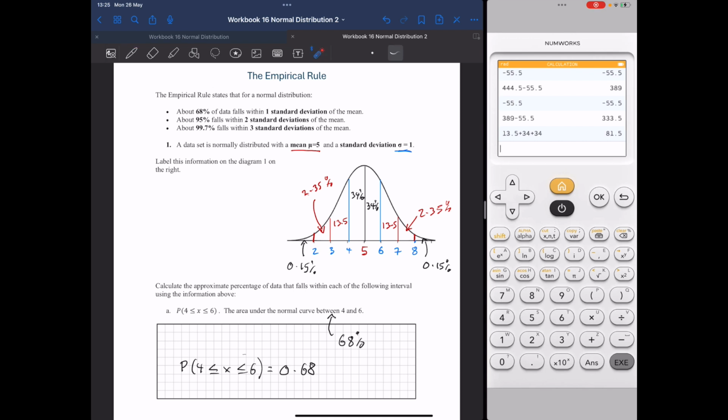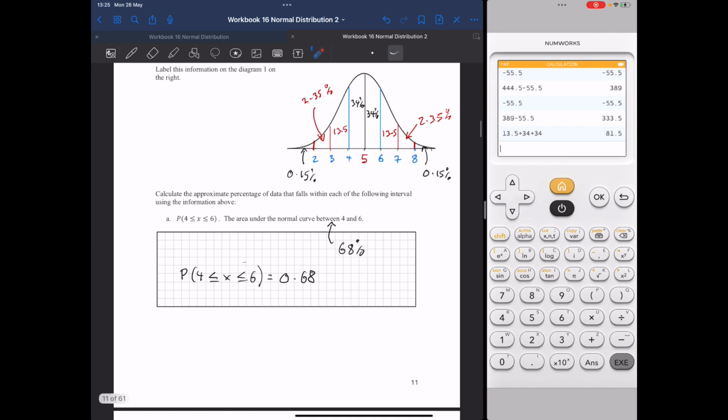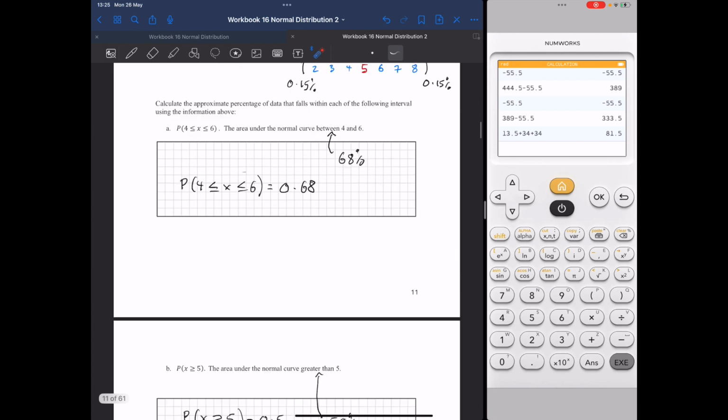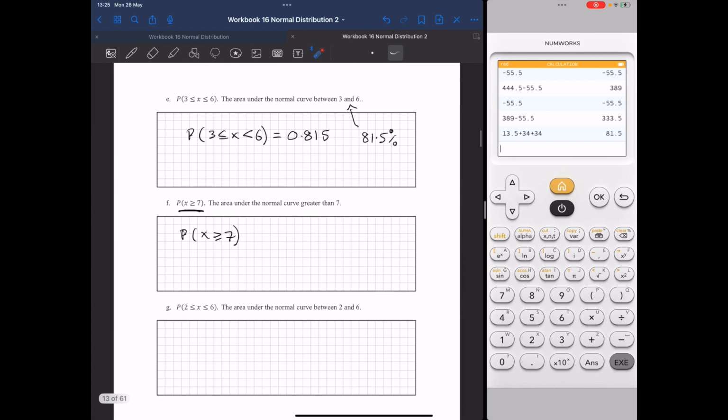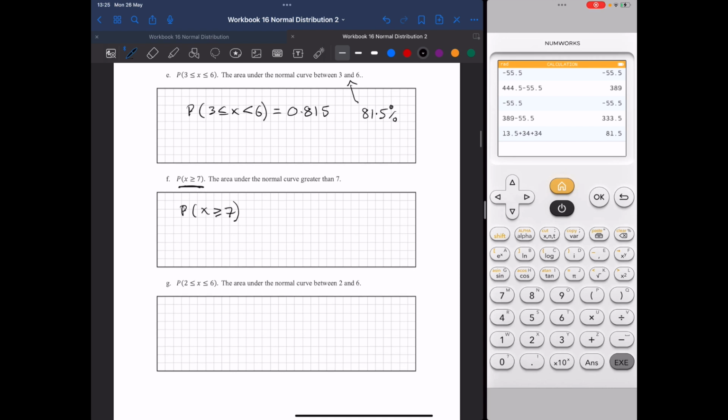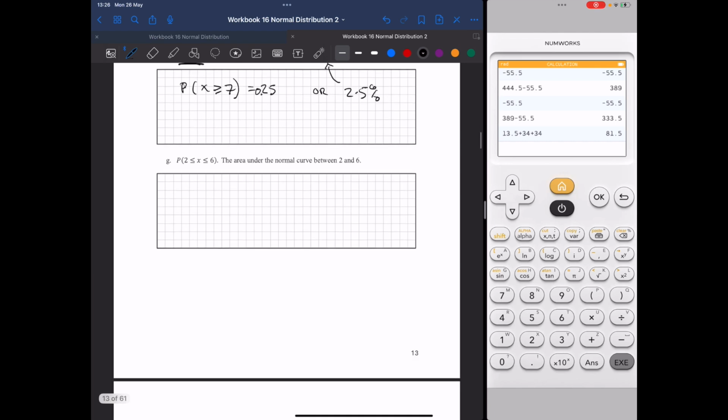There's 7, greater than 7 up here. That's these two numbers added up. So we can do that in the calculator, or we can do it by hand, and you get 2.5. So that equals 0.025, or 2.5%.